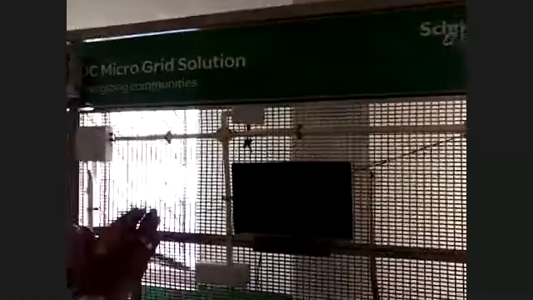Some of the panels are connected, and the output of the panel must be 110 volt to 230 volt, which comes through the LT line port and is connected to this SPD.